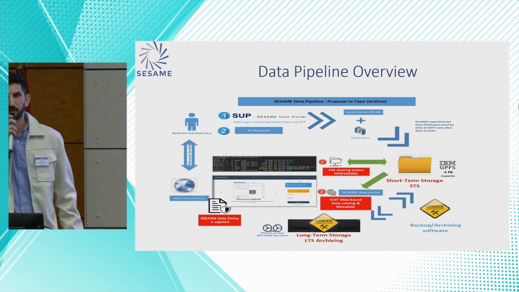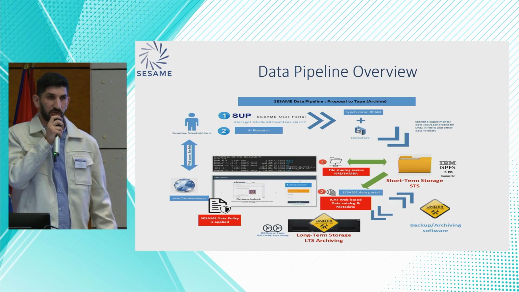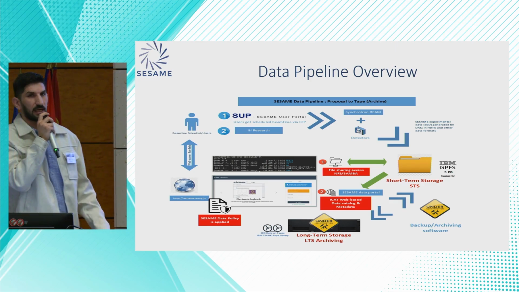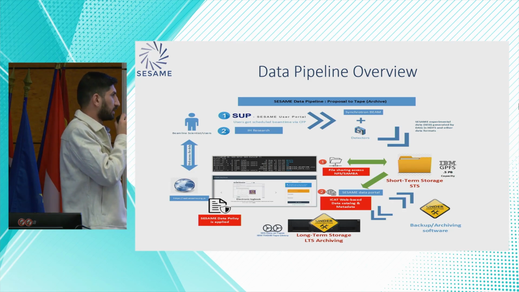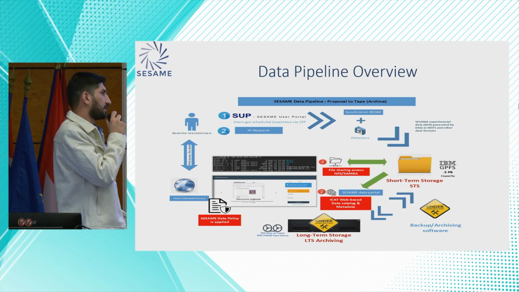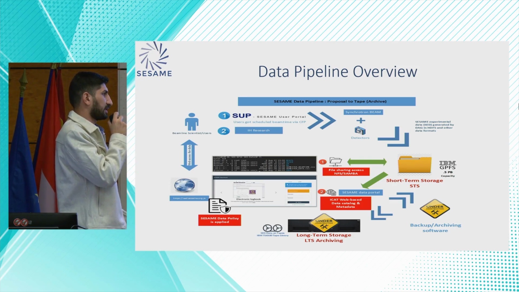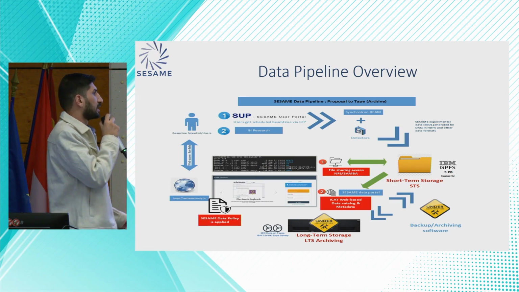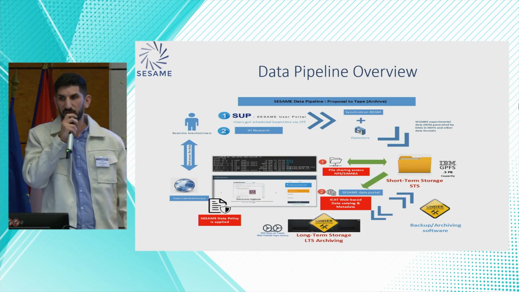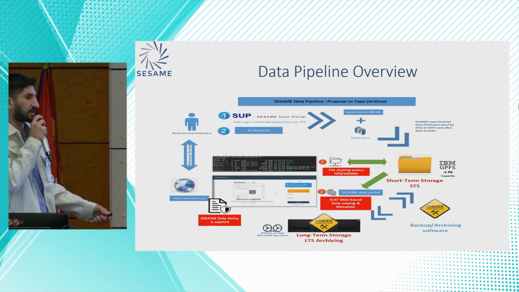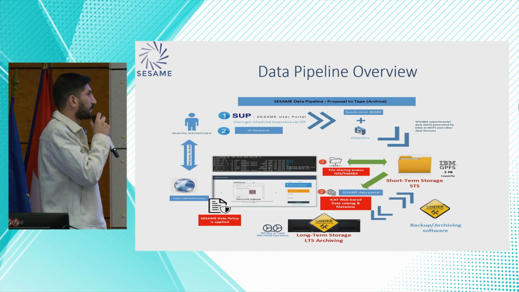We're actually looking for a good solution that fits our needs. As for the long-term storage, LTS, which is archiving tapes, we have it already installed in our data center. But we still need to maintain and develop it.